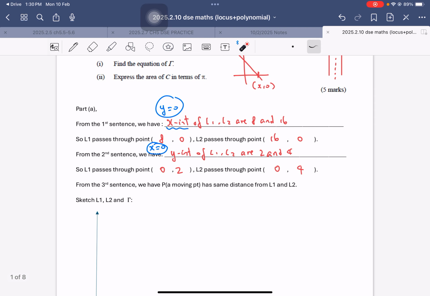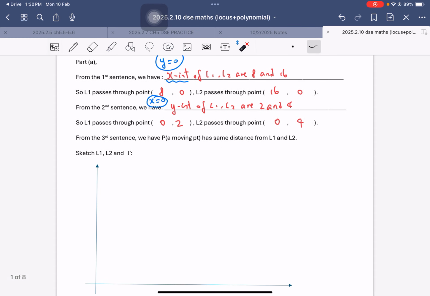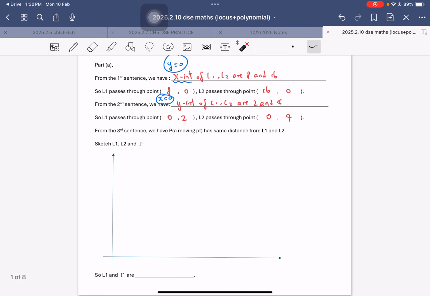So from here, we have two straight lines, and we have two x-intercepts. So how do you draw the x-intercepts? What are the two x-intercepts that we have? 8 and 16. So where is it? The x-intercept means it's on the x-axis or the y-axis? The x-axis.